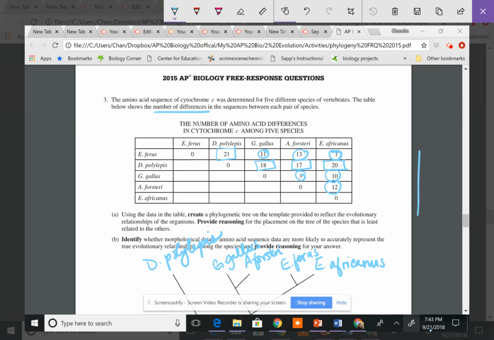When we're thinking of who is closely related or not closely related, if we did that walk back, we'd have to walk all the way down this node before we found a common ancestor. So that tells me that Polylepis is our least related. If that didn't tell you, then the fact that it had such large differences between itself and all of the other species should be enough reason why it's not the most related.